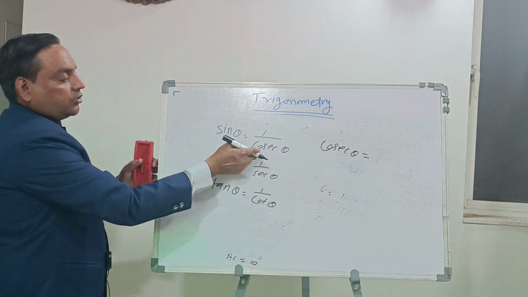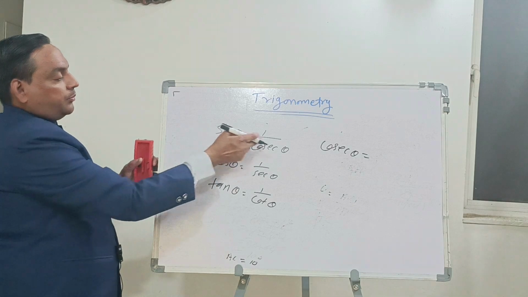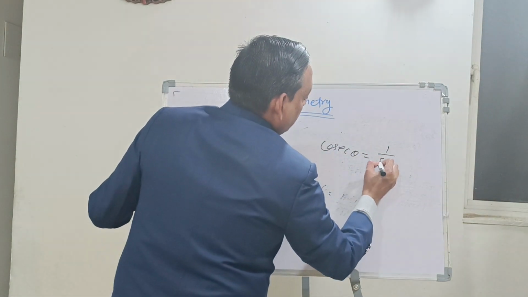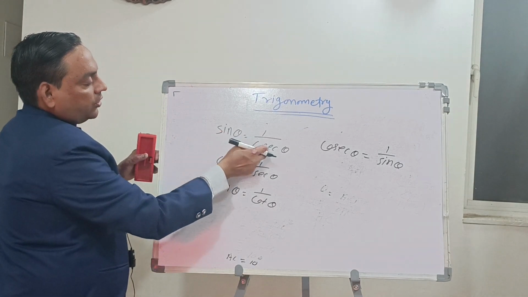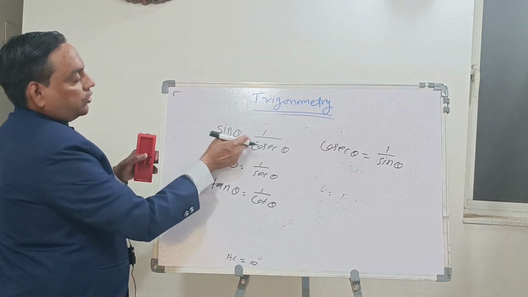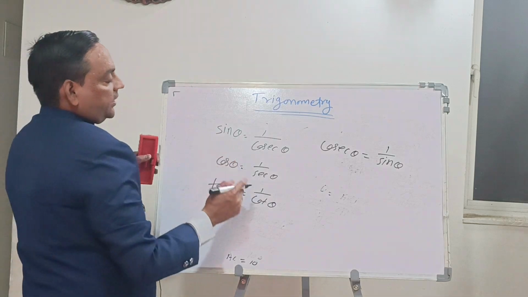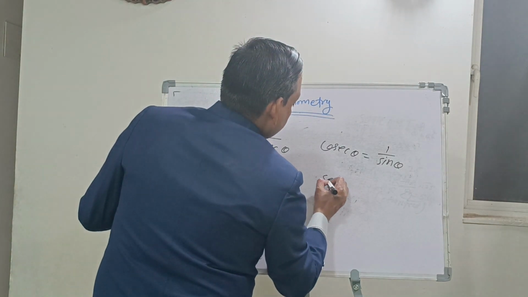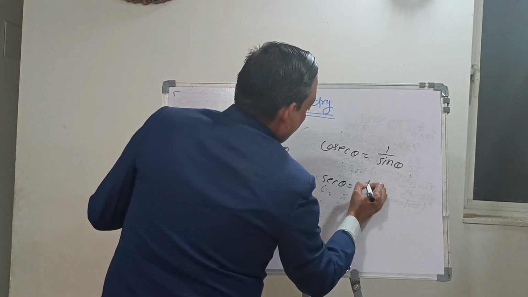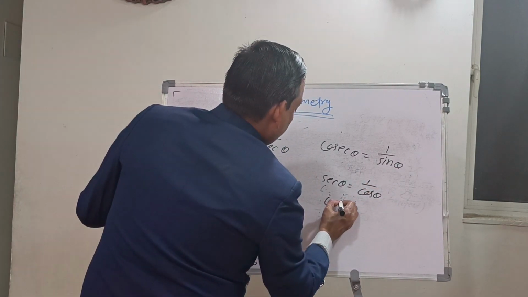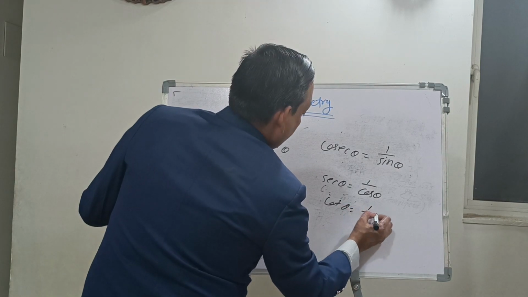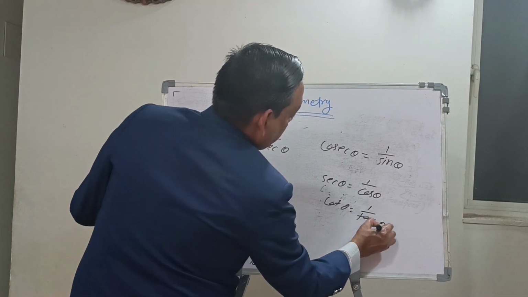Cosec is 1 upon sine, right? Because this sine will go here and the cosec will come this side, so cosec theta is nothing but 1 upon sine theta. And same way sec theta is equal to 1 upon cos theta, and cot theta is equal to 1 upon tan theta.